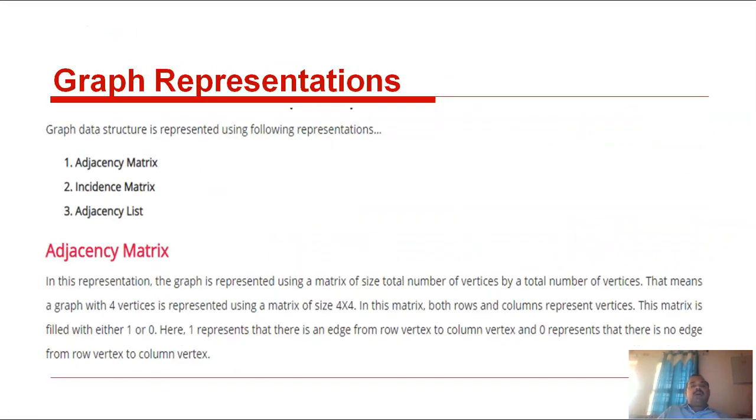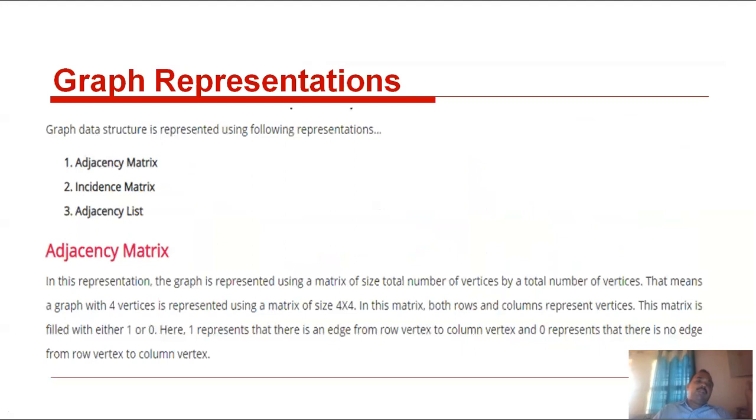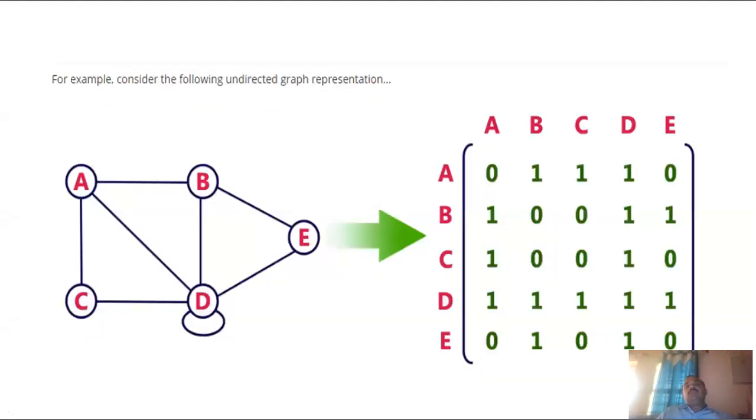There are three types of graph representations: adjacency matrix, incidence matrix, and adjacency lists. So this is an adjacency matrix. What is the major difference between adjacency matrix and incidence matrix? In the final matrix, the number of rows and the number of columns are equal.